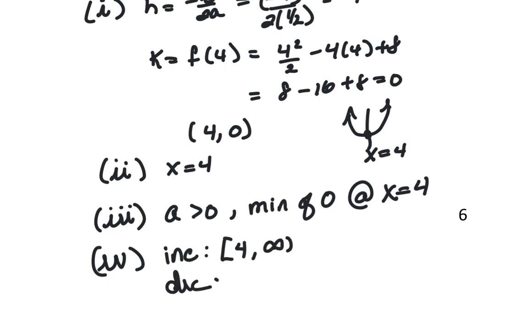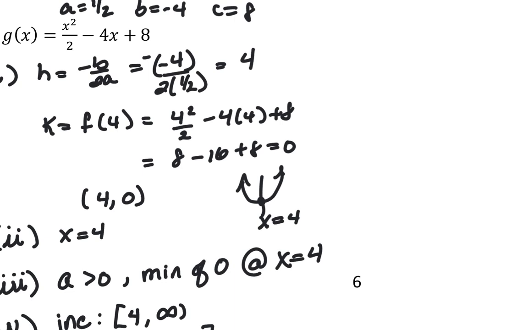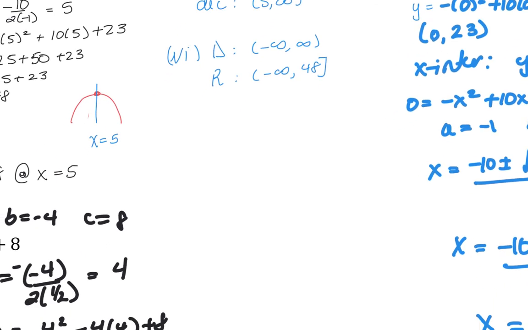And decreasing is going to be the values of negative infinity to 4. The next part, I believe, is asking for the intercepts, which we'll do in a minute.